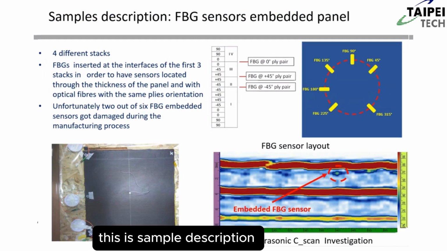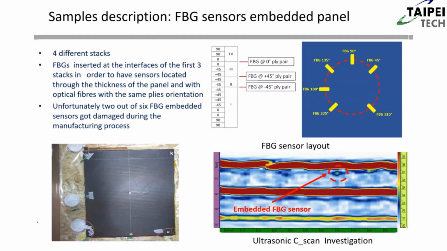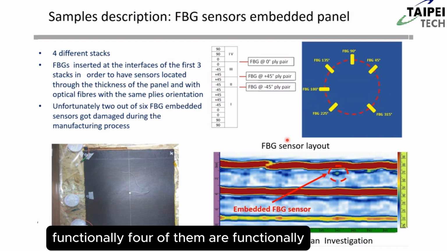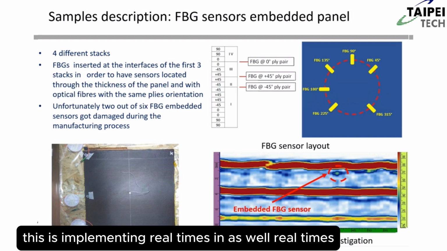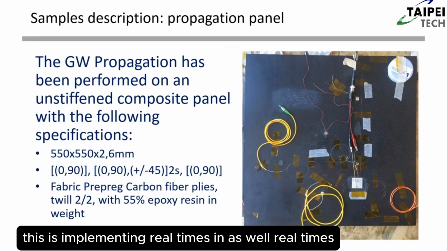This is a sample description of the FBG sensor embedded panel. As you observe, there are around 6 FBGs: FBG1, FBG2, FBG3, FBG4, FBG5, and FBG6. They are embedded here, but functionally 4 of them work, while 2 of them were damaged during construction.